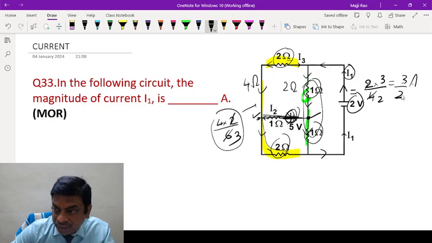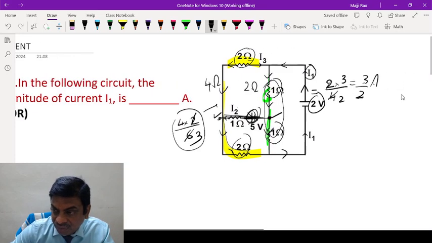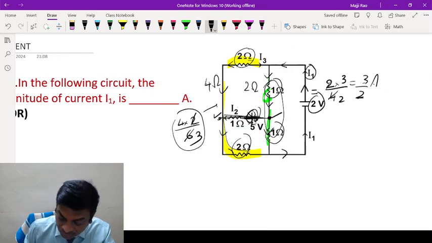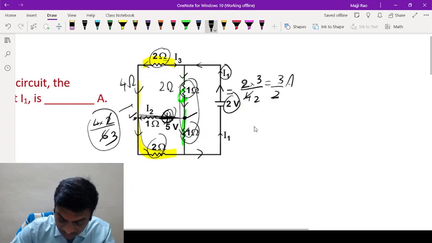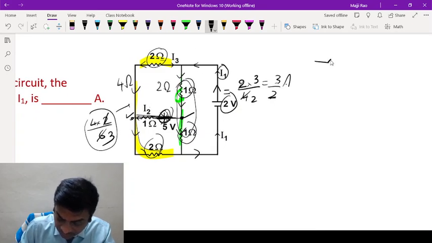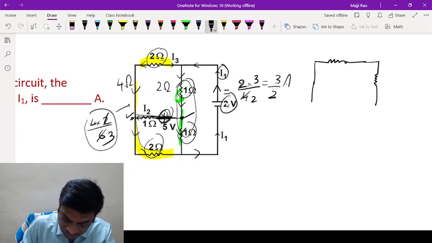Now next, we have to short circuit this cell and retain this cell. So I'll redraw the figure once again. We have to short circuit this, in other words, establish a direct connection between these 2 points. So these 2 points remain connected.